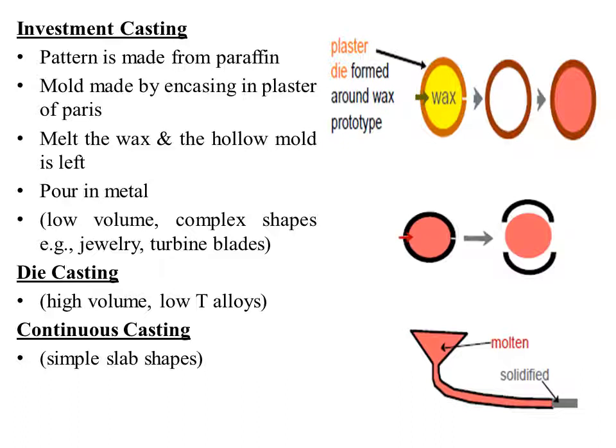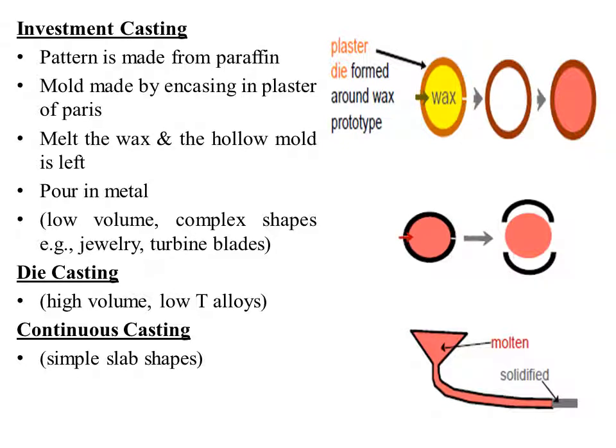This gives low volume complex shapes, such as jewelry and turbine blades. It is how statues are made. They pour the melt into the mold and the wax is removed.